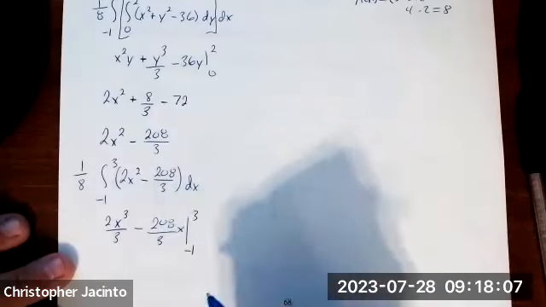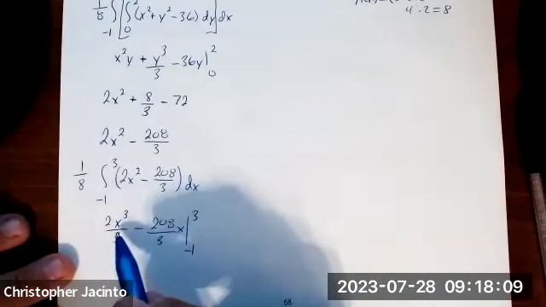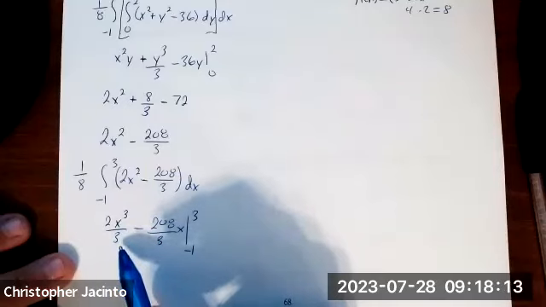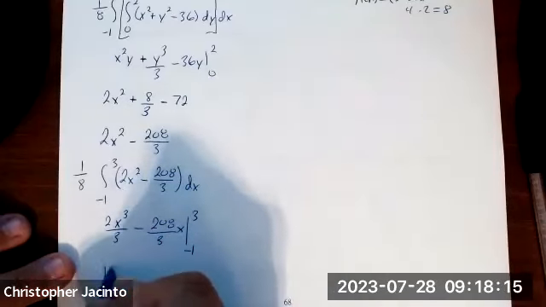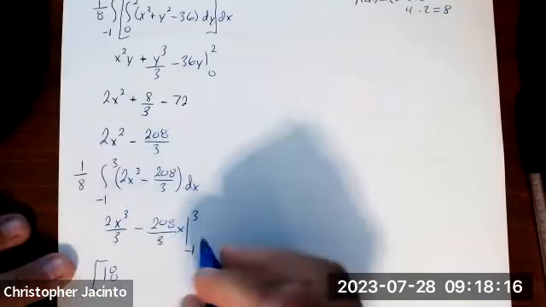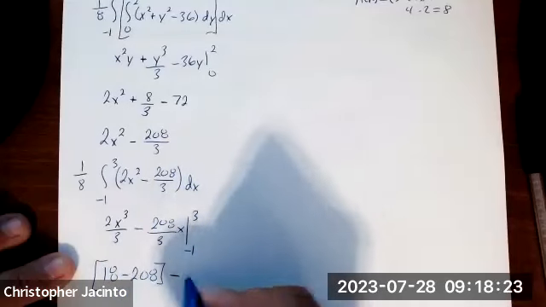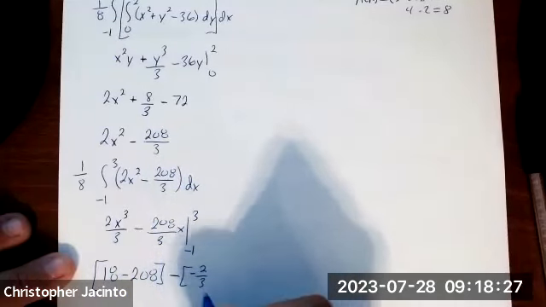Okay, so now plug in everything. So 3 to the third power is 3 times 3 is 9 times 3 is 27, divided by 3 gives you 9. So 9 times 2 is 18. Plug it in here. Notice the 3's cancel. And on the other side, this gives you negative 2/3.